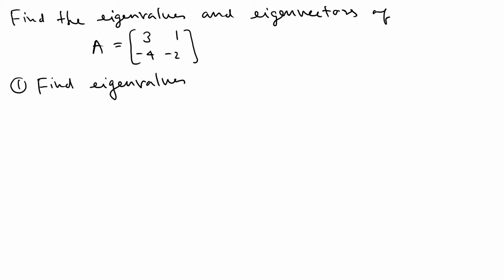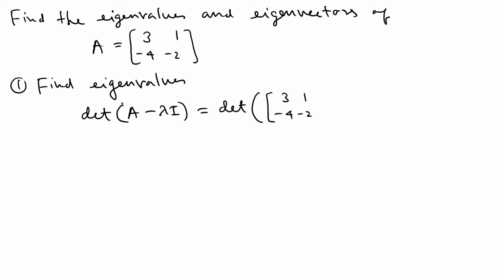What we're going to do is look at the determinant of A minus lambda I. So it's the determinant of A, which is 3, 1, negative 4, negative 2, minus lambda times I. I means the corresponding identity matrix.